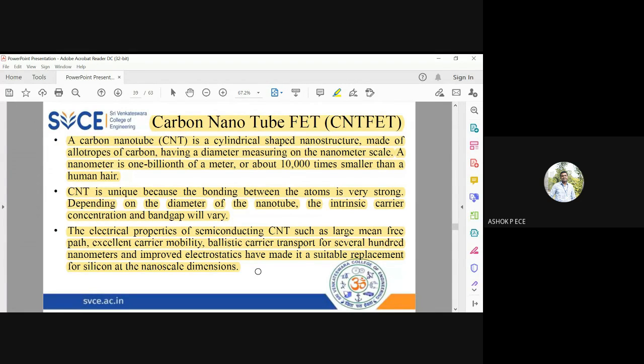But when they tried the same thing using carbon, manufacturing carbon nanotubes, then the properties such as mean free path, carrier mobility, carrier transport, and other things were found to be very good compared to silicon. So they started using carbon nanotube as a replacement for silicon at nanometer dimension.